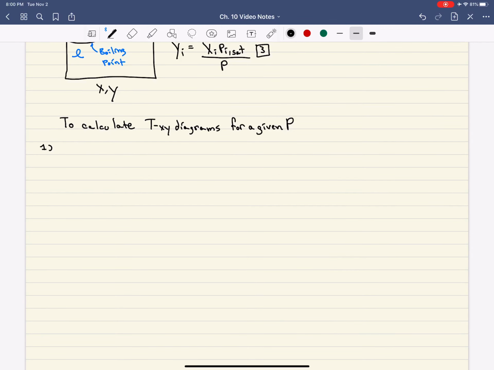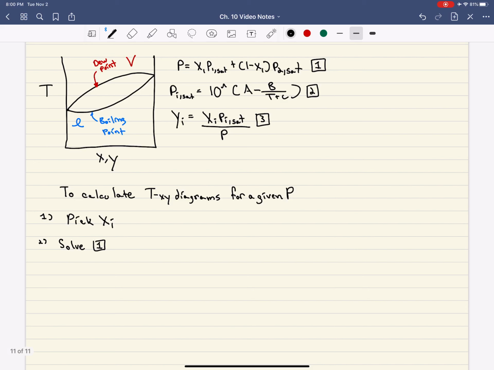So your first step, you still just pick a mole fraction, an xi value. And then you're going to solve equations 1 and 2 implicitly. So you're going to have to do some root finding.